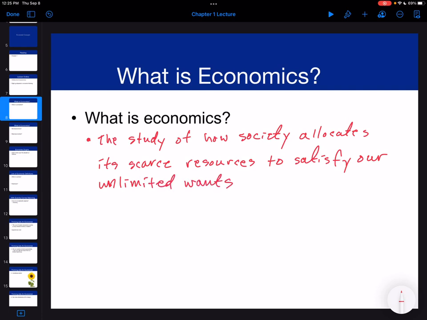Okay, so we'll talk about scarcity. When we say allocate, this basically means who gets what, right? So that's what that term means.